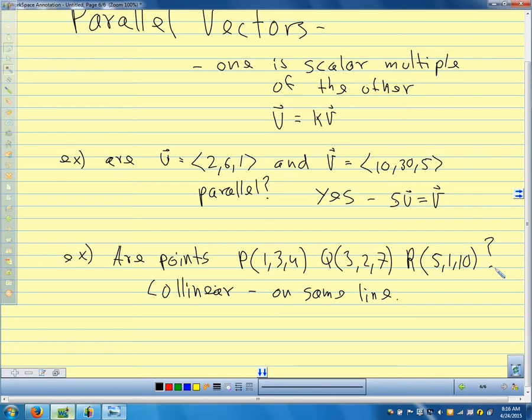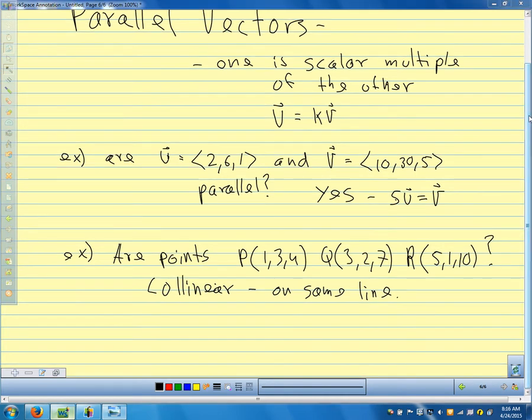Now, without vectors, figuring this out could be kind of hard. These points are in 3 dimensions. Anybody have an idea of what we could do? So which vectors do we want to find out?